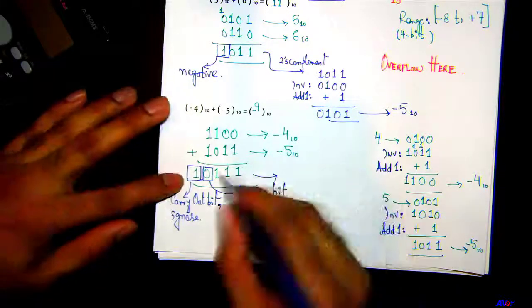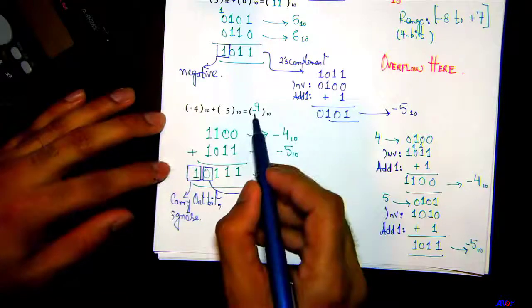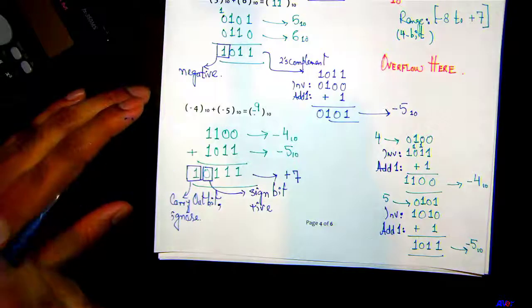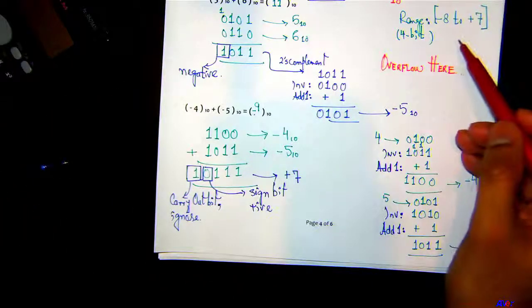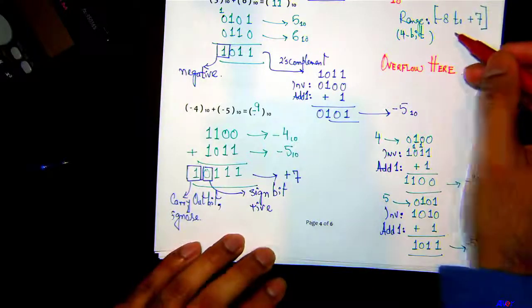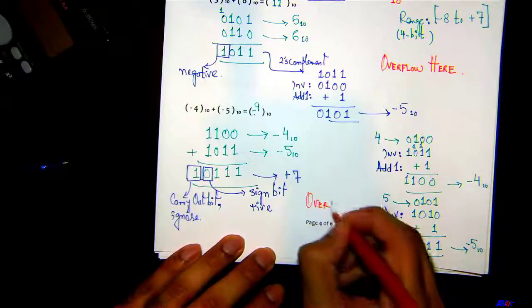No. So this would mean what? +7, whereas we were expecting -9. So what was the reason we didn't get the right answer? Because there's an overflow here, right? -9 is not in the range, okay? It just narrowly misses. Okay, overflow.